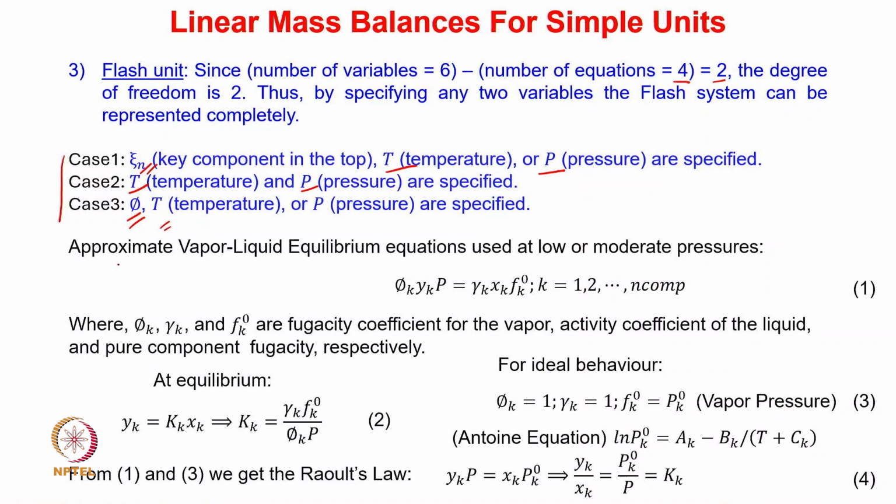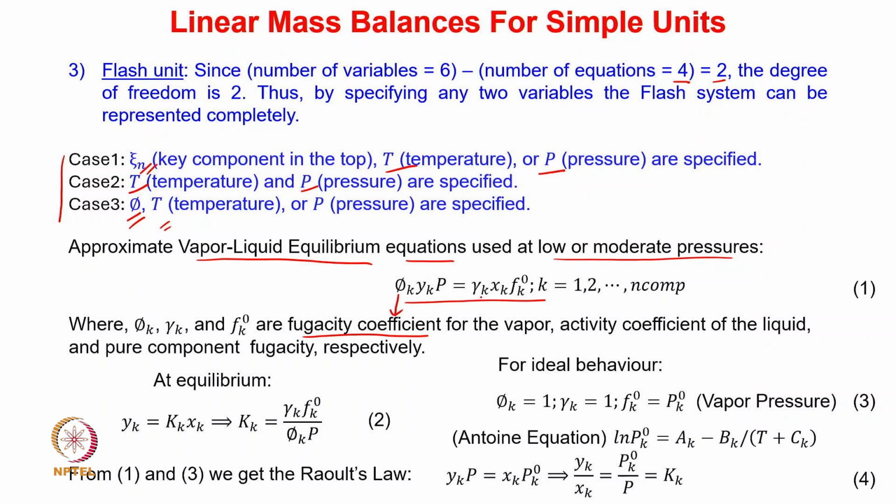In this case the approximate vapor liquid equilibrium equations used for low and moderate pressures are given by this. This is the equation. So phi k yk capital P is equals to gamma k xk fk naught. So here phi k, gamma k and fk naught are nothing but the fugacity coefficient, so this is a fugacity coefficient for the vapor.